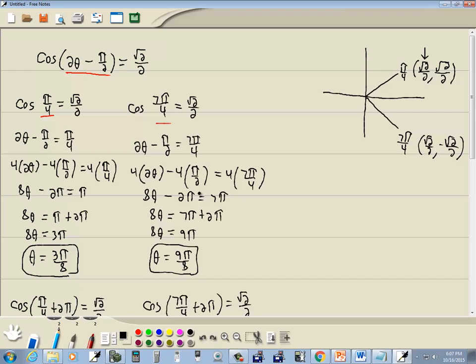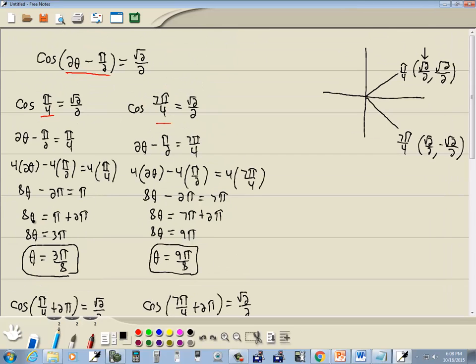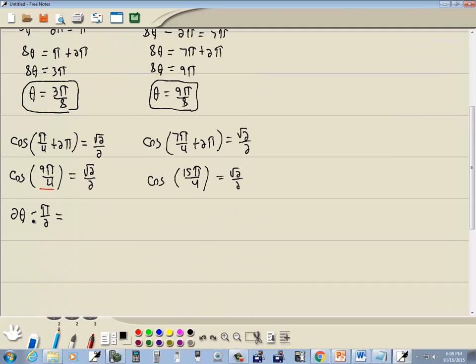Following the same idea as before, we're going to take what follows the cosine up here, which is 2 theta minus pi over 2, and we're going to set it equal to what follows the cosine here. So we've got 2 theta minus pi over 2, and we'll set that equal to 9 pi over 4.